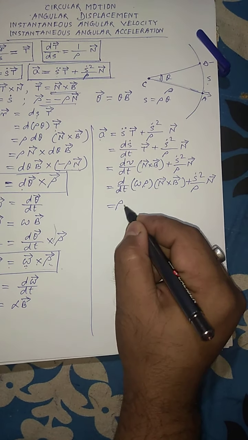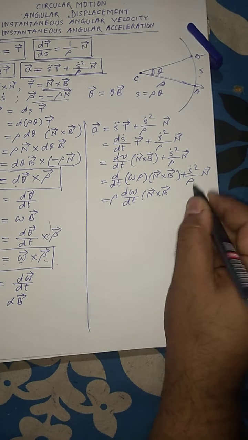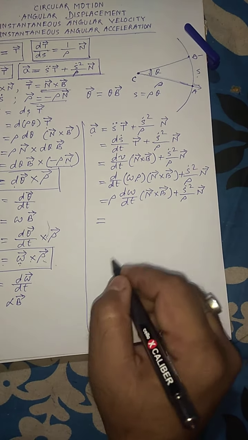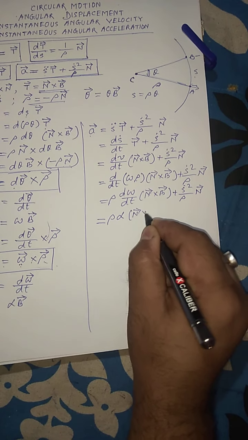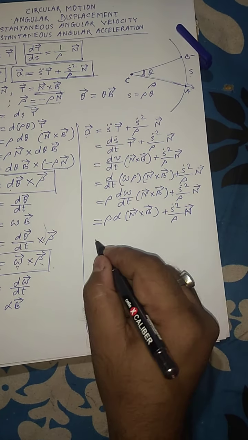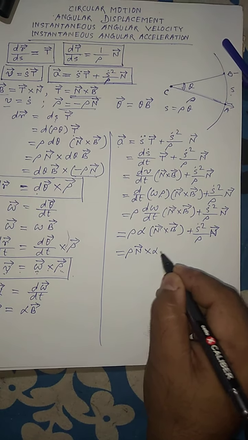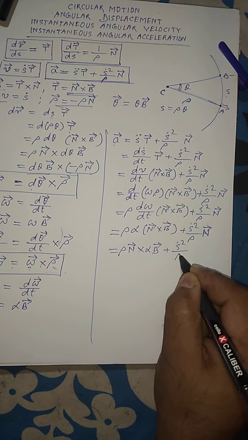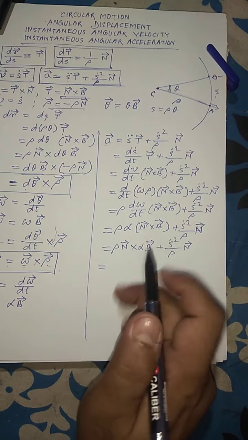Here rho is constant, so rho d omega dt vector n cross vector b plus s dot squared divided by rho vector n is equal to rho, in place of d omega dt, we can write alpha, vector n cross vector b plus s dot squared divided by rho vector n is equal to rho vector n cross alpha vector b plus s dot squared divided by rho vector n is equal to, now let's exchange the positions of these two vectors.